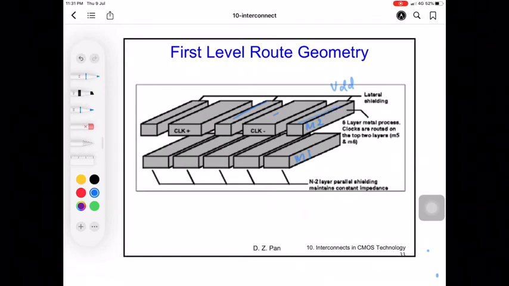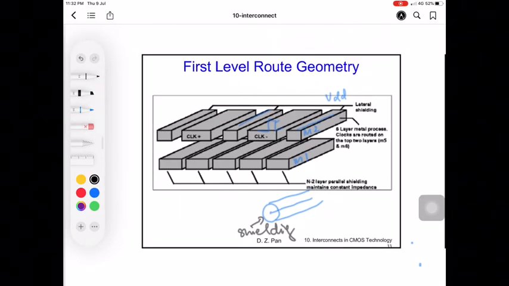If you know the wire in your lab, the signal runs in the middle, and the outside ring is the shielding. We do the same thing in the chip. So you have the clock running in the middle, and it's shielded by metal 2 layers.